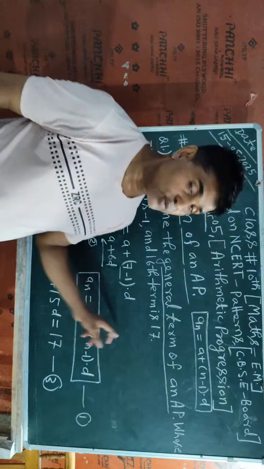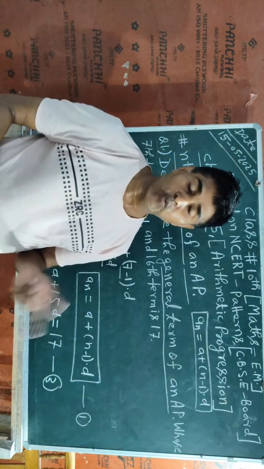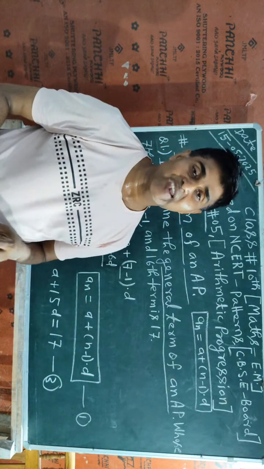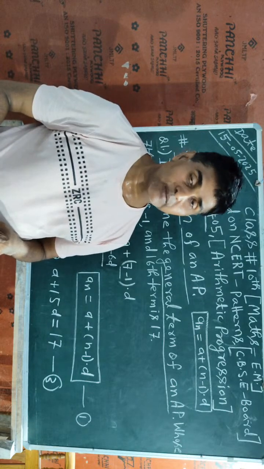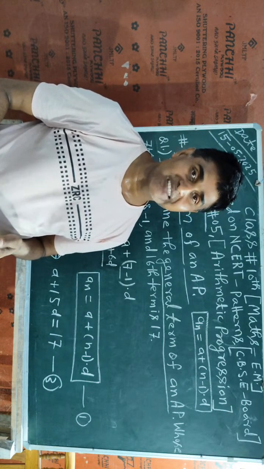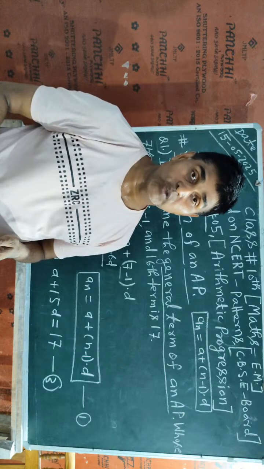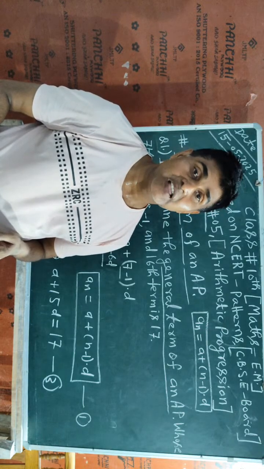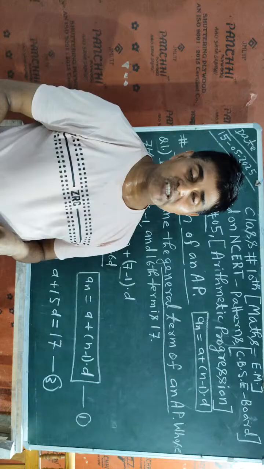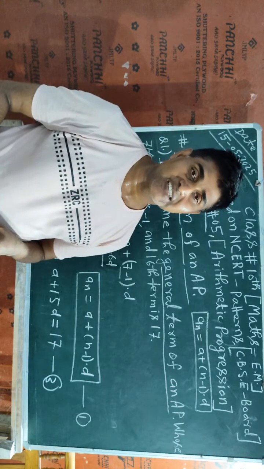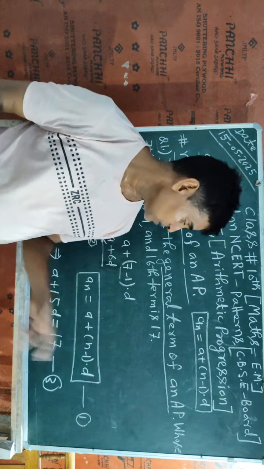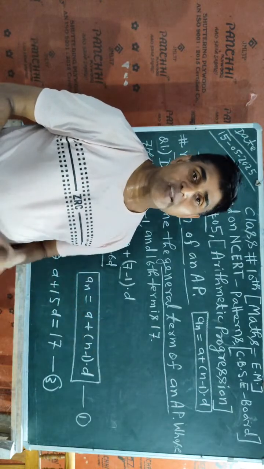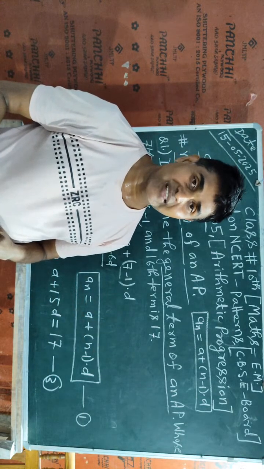In other words, if one line has slope m1 and the other line has slope m2, then m1 is not equal to m2. So both lines are not parallel to each other. It means that both lines intersect at a point, therefore I get the point of intersection. That point of intersection I can obtain by a concept.